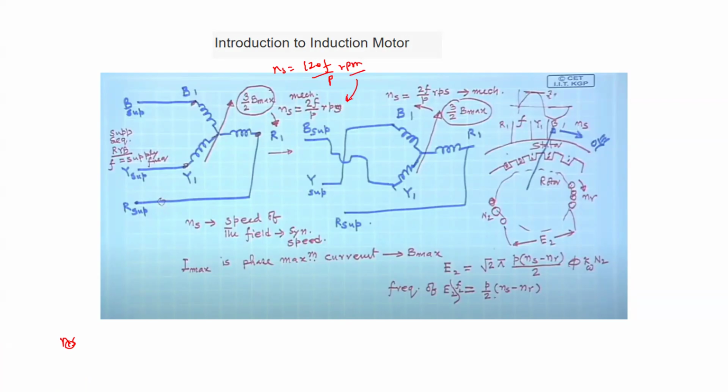So it is rotating in the 3 by 2 B max direction, but suppose you reverse the supply. If you exchange two phases, let us say you give IY to the B phase winding and IB to the Y phase winding, then you will see what happens. The magnitude of the speed will remain the same, but this MMF will start to rotate in the opposite direction.